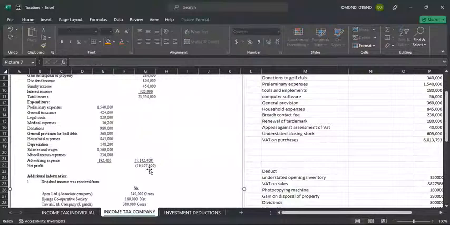Is it a negative or a positive? This 16,407, is it a positive or a negative value? This 16.